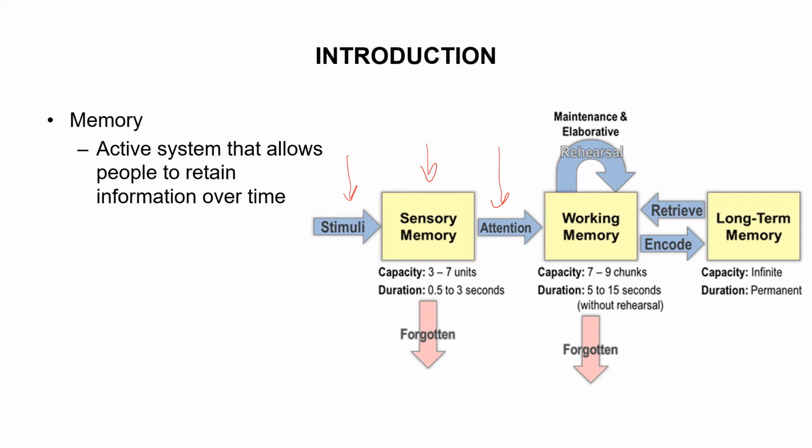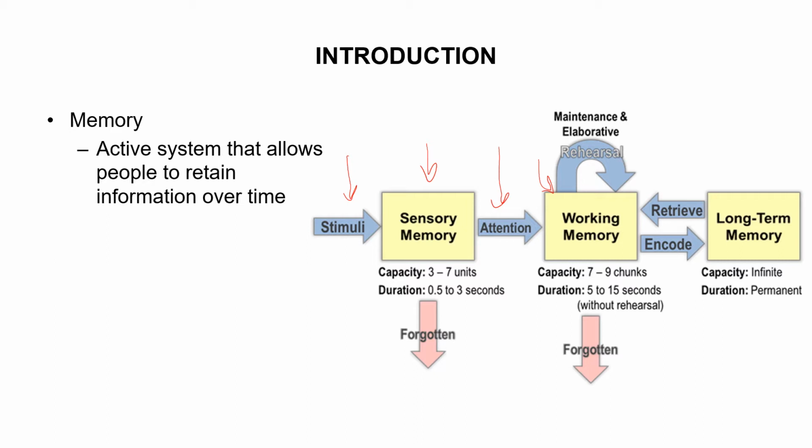Then you've got here working memory, also short-term memory. We'll look at the differences between short-term and working memory, how some consider them the same thing, how some consider them two slightly different related things, but we'll look at that, short-term or working memory.